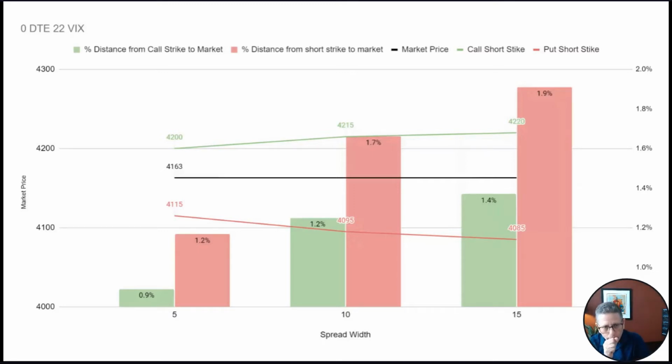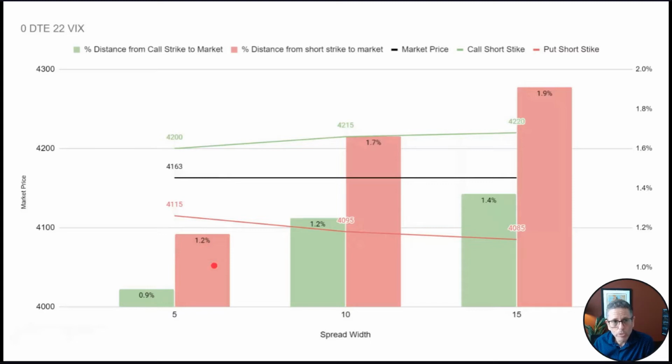So you can see here, number one, if you're trading 5 wide, okay, you're less than 1% away from a position on the call side, and then on the put side, you're only 1.2% away from the market.